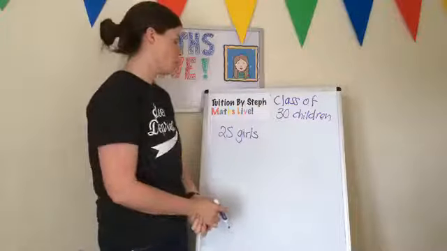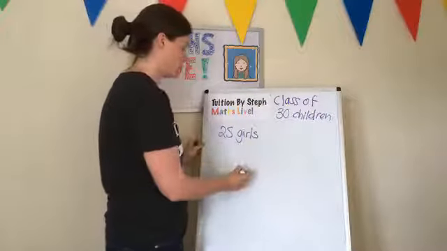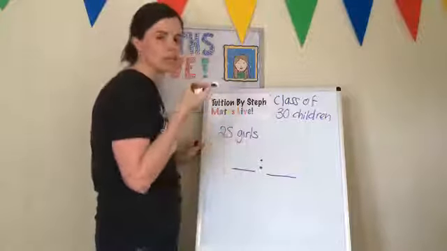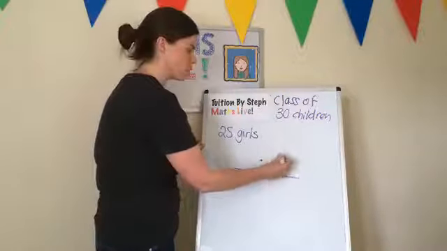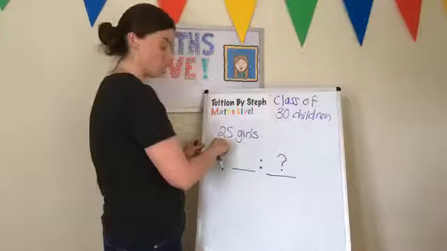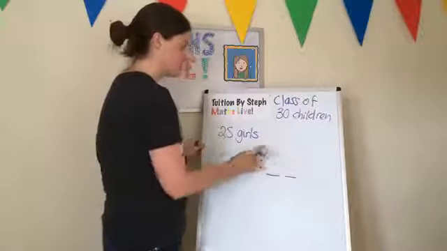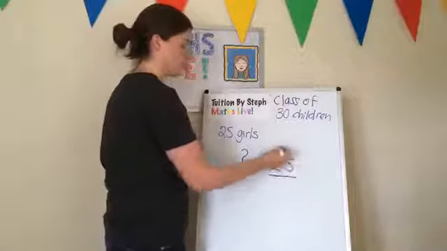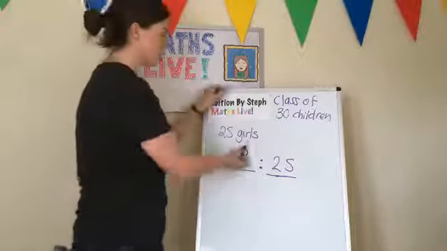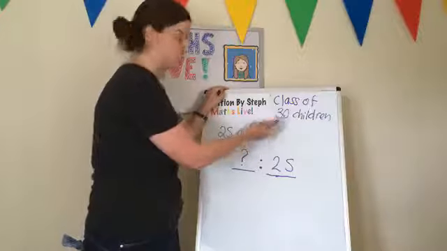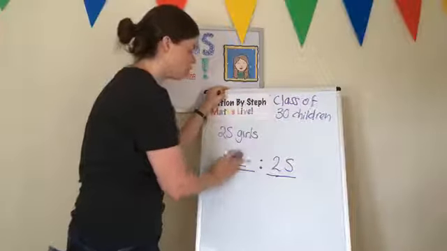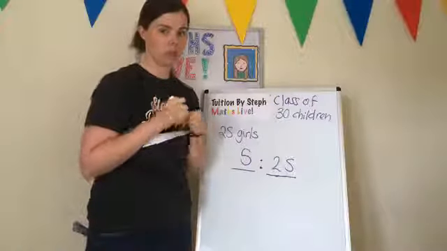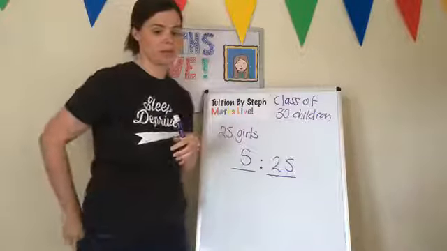So we know there's 2 values, and the question said boys, now we don't know how many boys there are yet, to girls. We know there's 25 girls. If there's 25 girls and there's 30 children altogether, that must mean there's 5 boys. So that is the ratio. So sometimes it involves some calculating.